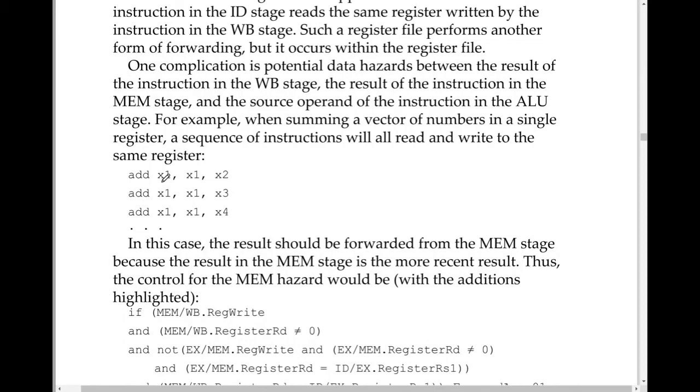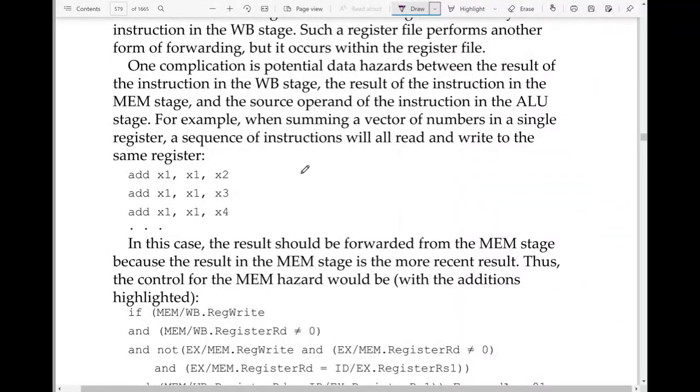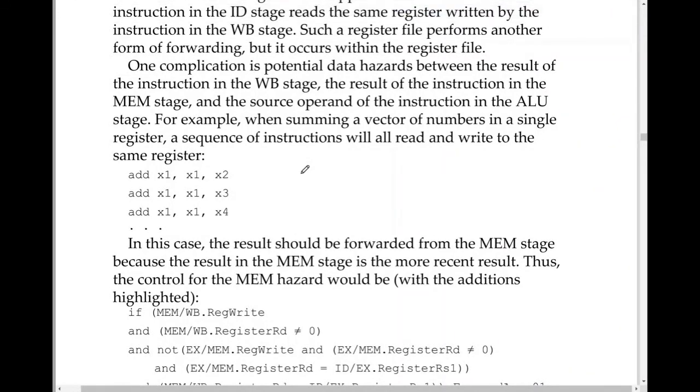So from where do you need to forward it, from the EXMEM stage or the MEMWB stage? There are 2 pipeline registers: the execute memory pipeline register or the memory write back pipeline register. In this case you can forward it from both places, but the appropriate one is the latest one. So it should forward from the execute memory stage.